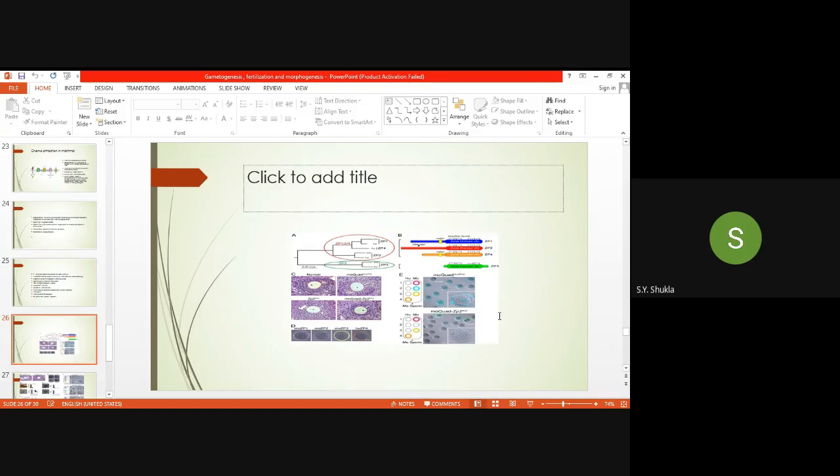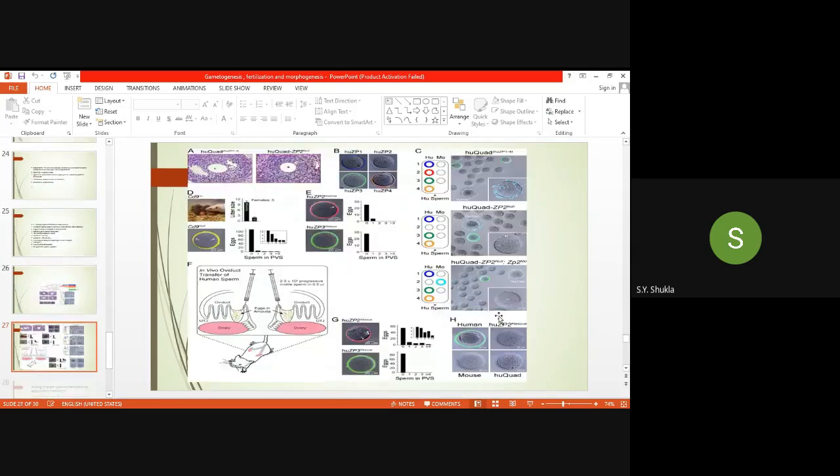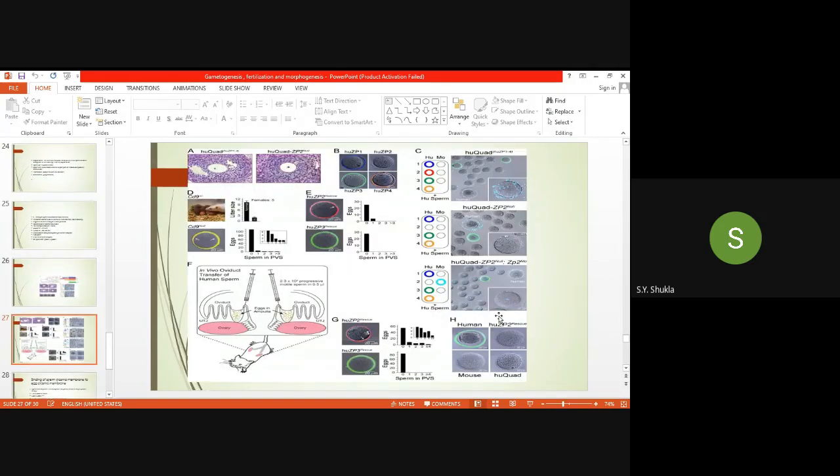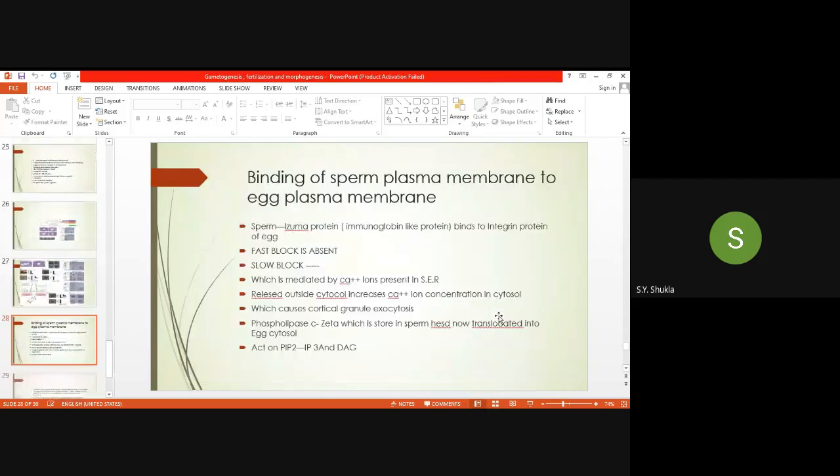They cannot bind to the ZP2 receptors of the mouse. It shows that the reaction is specific, and the sperm binding takes place on the ZP2 receptor. This is the diagram for that experiment.